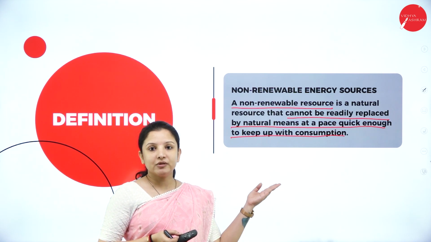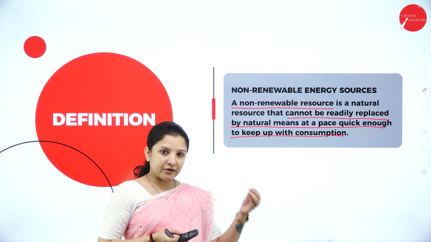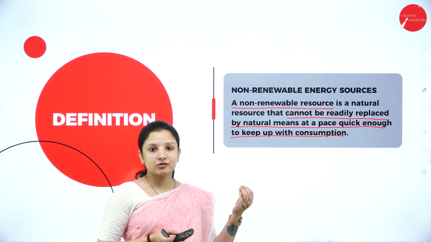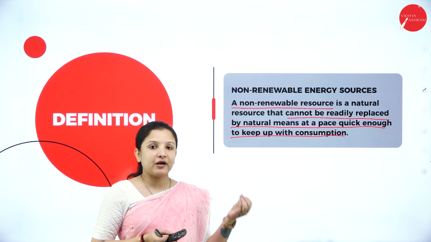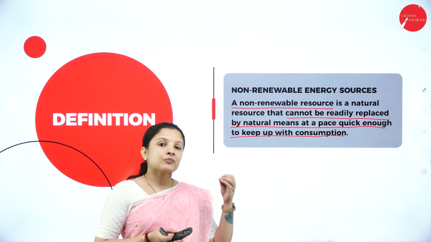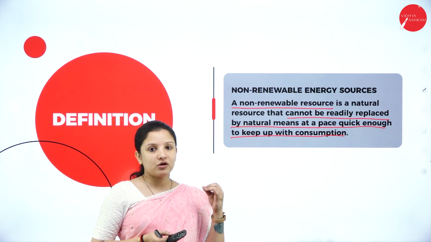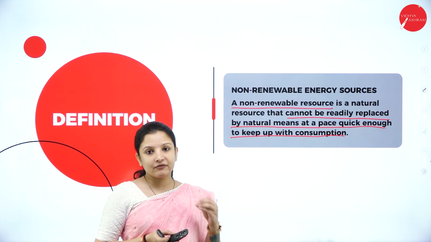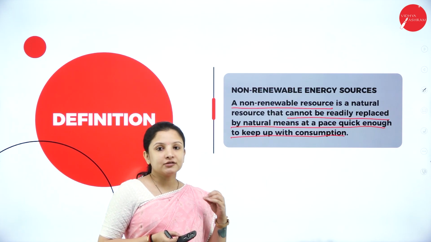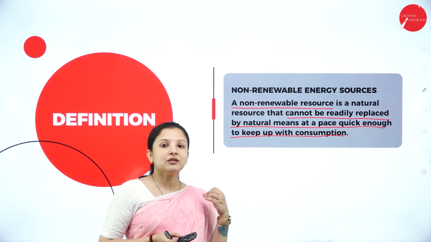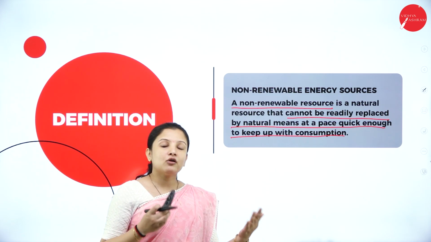The best example is petrol. To form petrol, it will take thousands and thousands of years for crude petrol to be formed. Now, if we do not use petrol in a controlled manner, and if we unnecessarily waste petrol, then very soon the petroleum resource will come to an end and we cannot get it back.